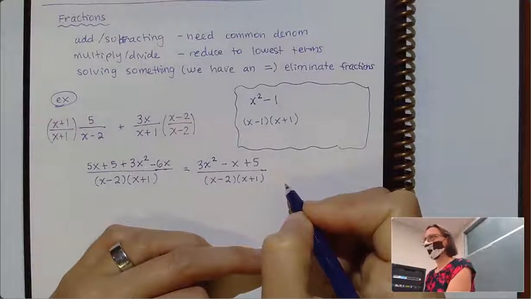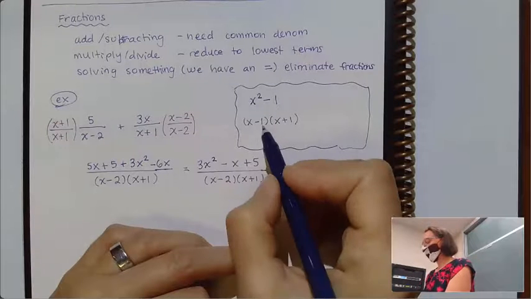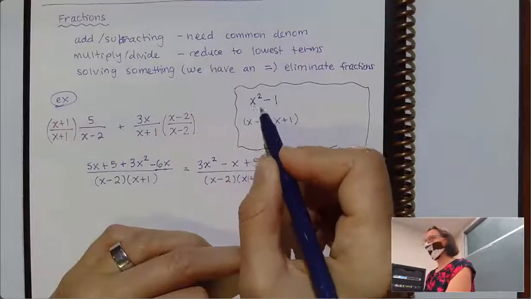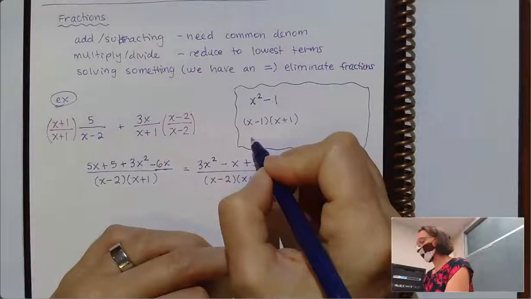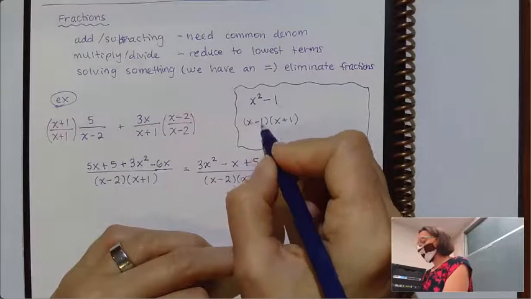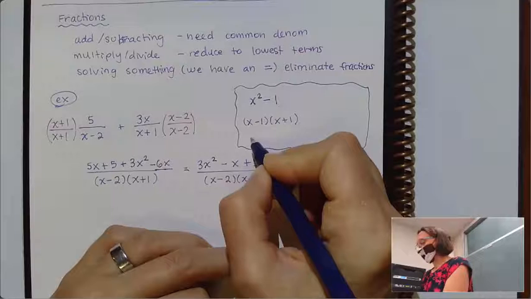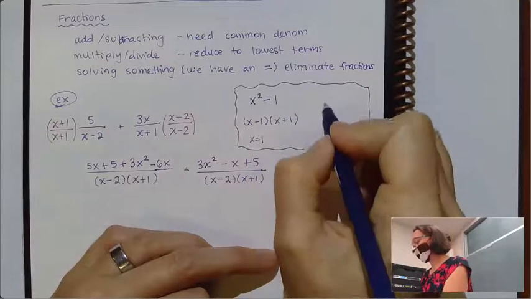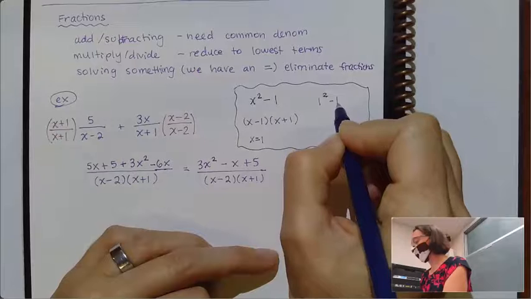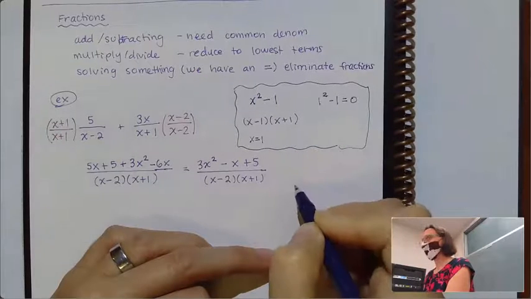Here's what I mean. If you had a guess that x minus 1 was one of the factors of this, if x minus 1 is a factor, then what makes that x minus 1 equal to 0 is if x is equal to 1. And when you plug 1 into the original equation, you should get 0.